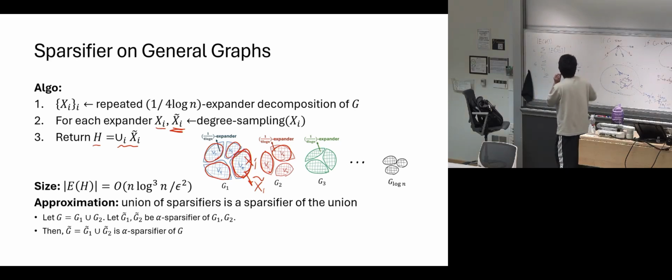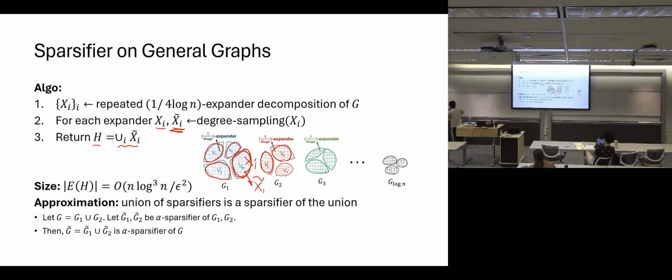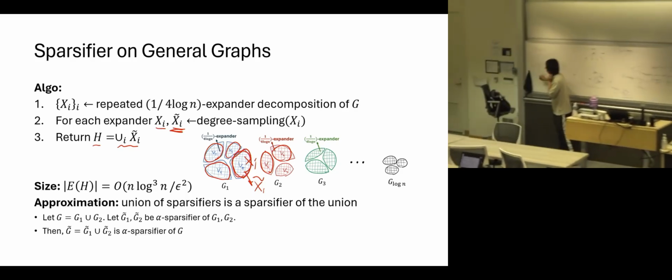But phi here is like 1 over log, so this is like log squared. I claim it's going to be log n times log squared over this thing, because this thing is n log n.